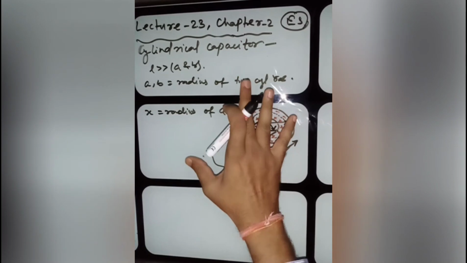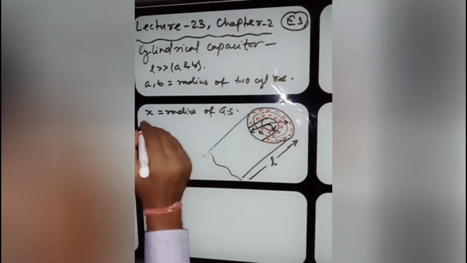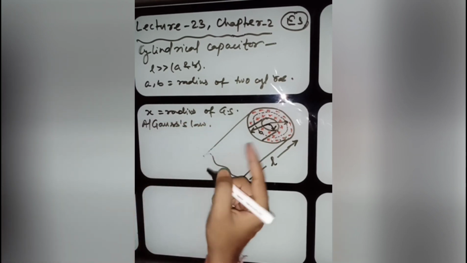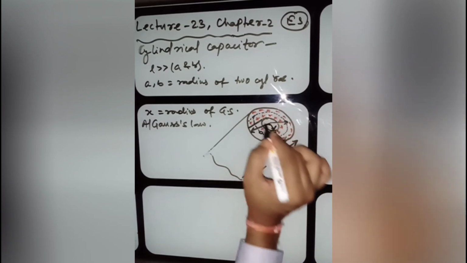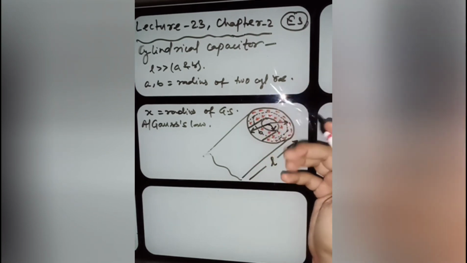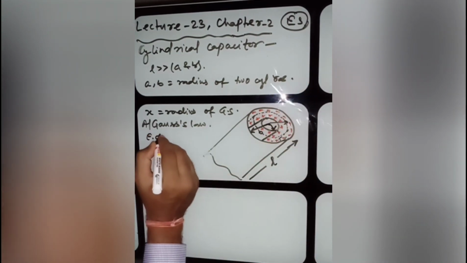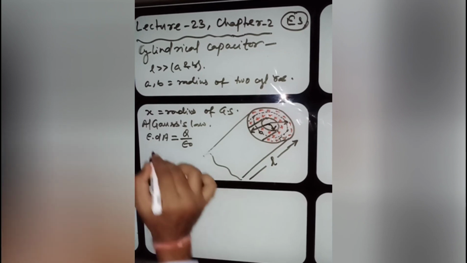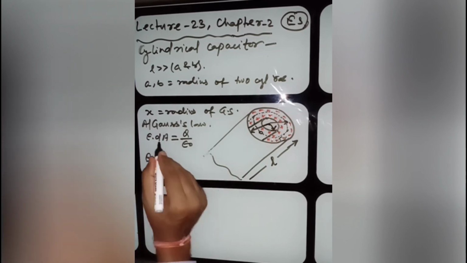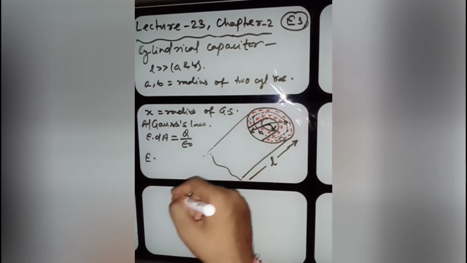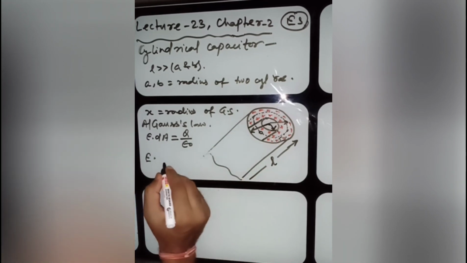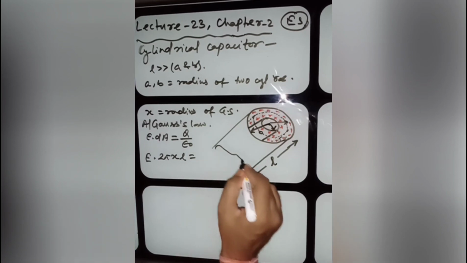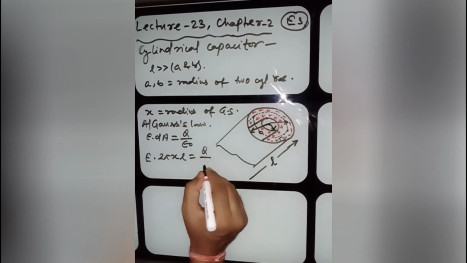Now first we have to apply Gauss law. Applying Gauss law, the Gaussian surface has the shape of a cylinder, and the integral of E dot dA is Q by epsilon naught. dA is the surface area of the Gaussian surface, and since the radius of the Gaussian surface is x, the area is 2 pi x times L, and this equals Q by epsilon naught.